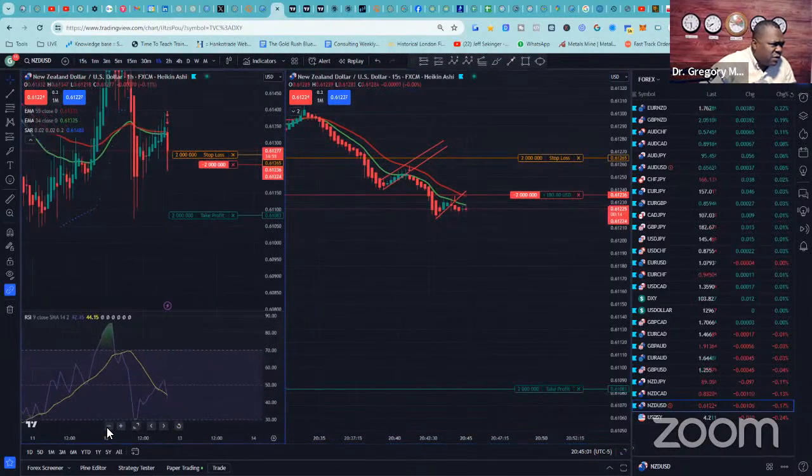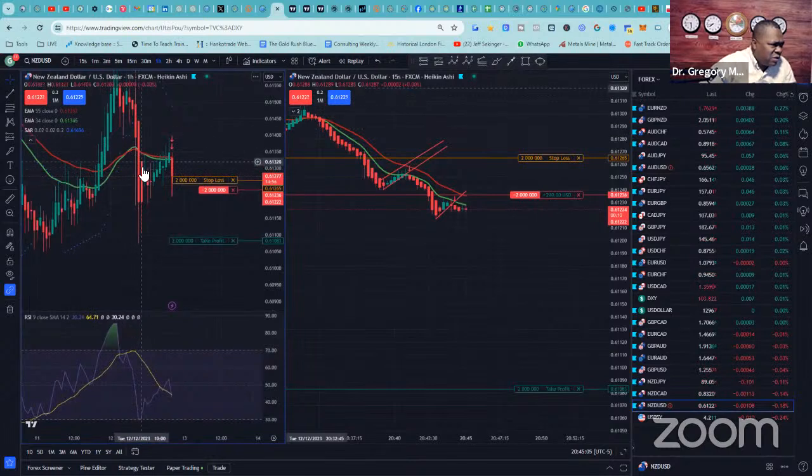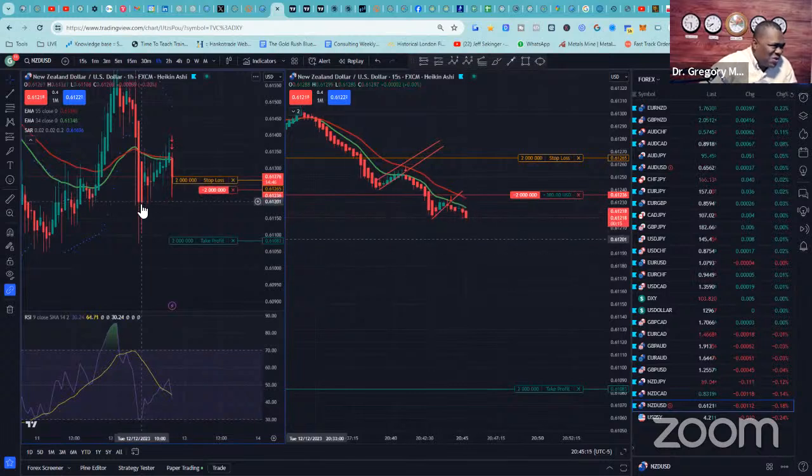Because we did get our three red candles down below the one, two. That was such a really long red candle, so I got two red candles, not three. Uh, there we go.